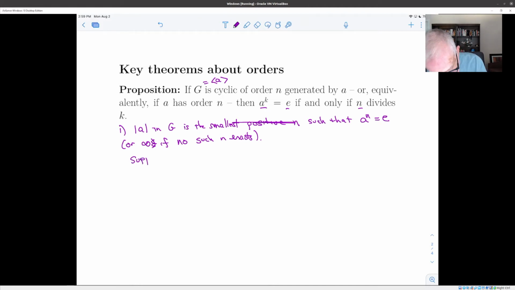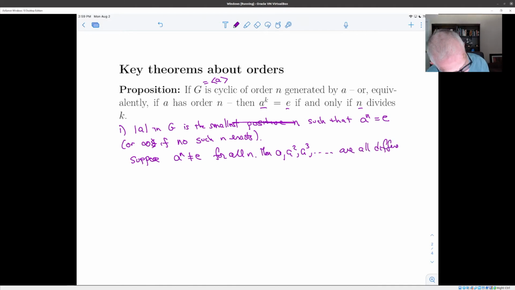Suppose A to the n is not E for all n. Well, let's look at A squared, A cubed, and so forth. These are all different, because if A to the i equaled A to the j for some i different from j, then A to the i minus j would be equal to the identity.